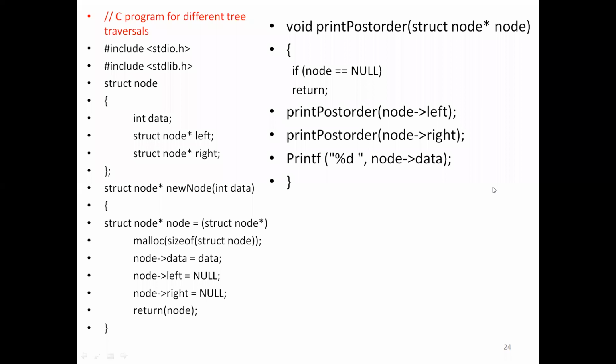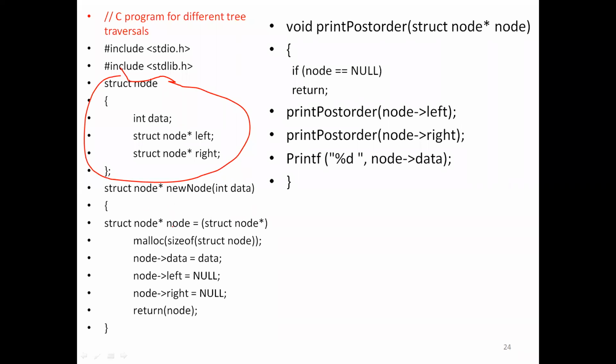So this is a C program for tree traversal. Last week I showed the algorithm, but in this program I'll show how the program is working, how we are writing it in C. This is the structure of the node, which you know very well.